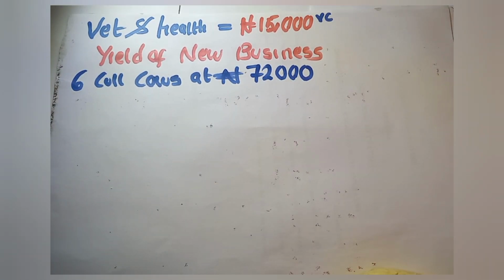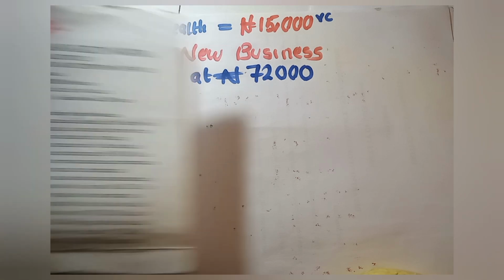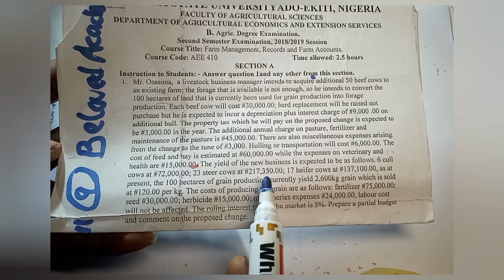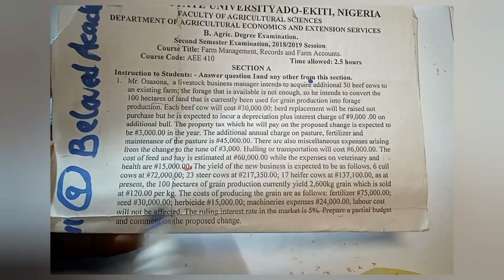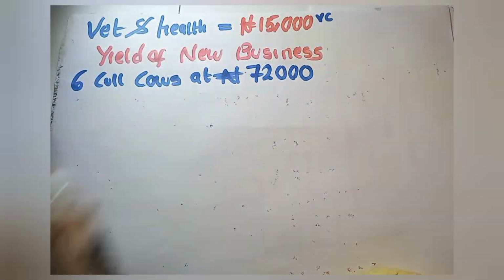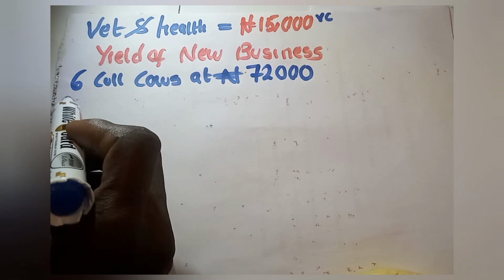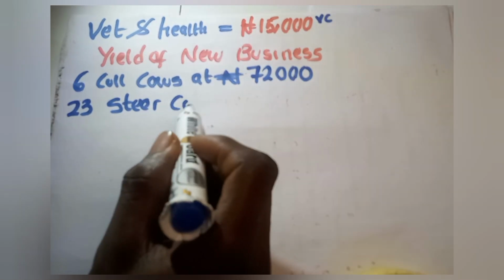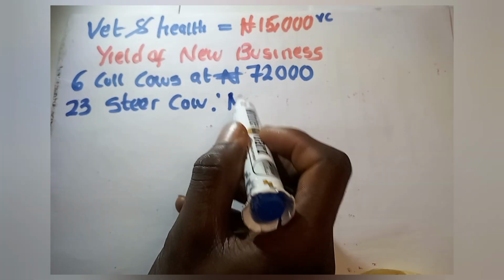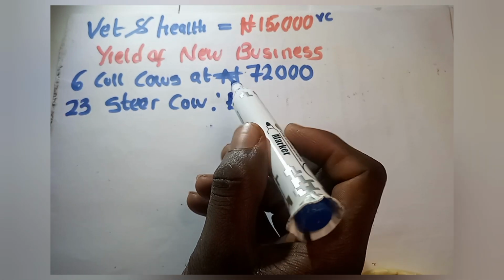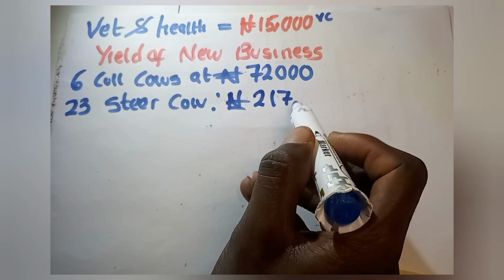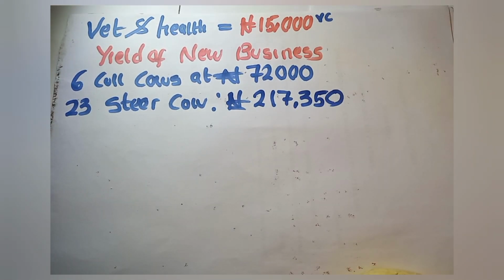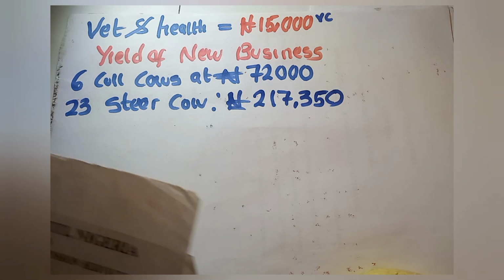Then after that we have another one. After the 6 cull cows, we have 23 steer cows at 217,350 naira. So 23 steer cows, the price for that is 217,350 naira.